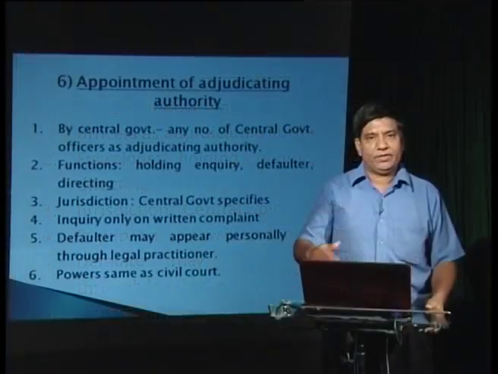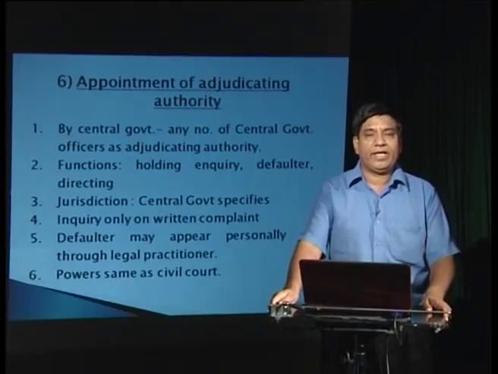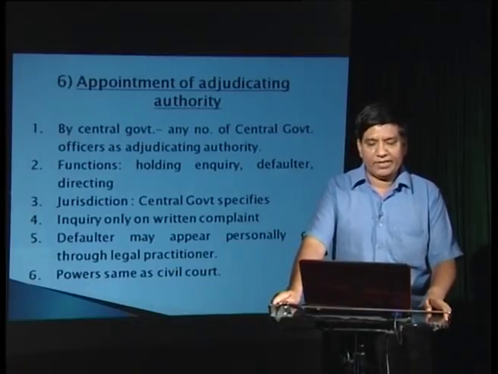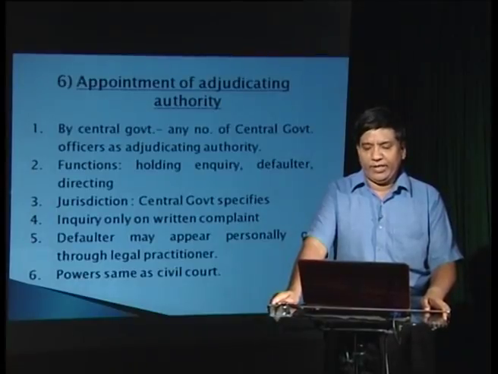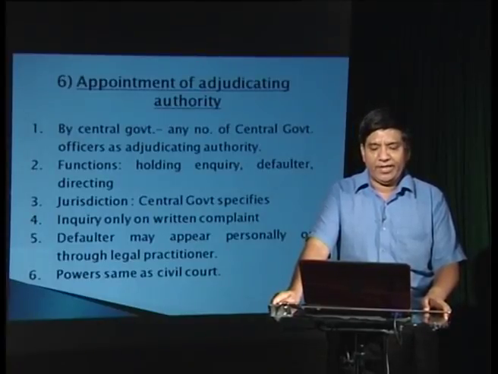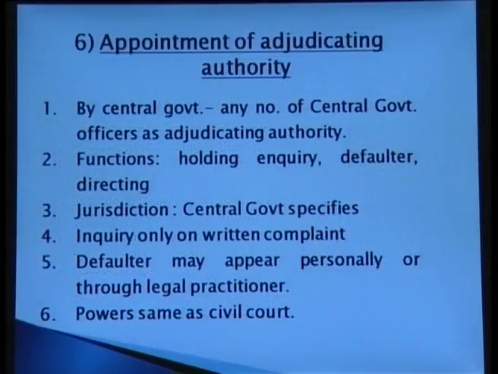The number of instances wherein such adjudication has to be done may be large, as a result of which the adjudication process may become tedious and slow. So, the central government has to decide a specified number of its officers who can be appointed as adjudicating authority.